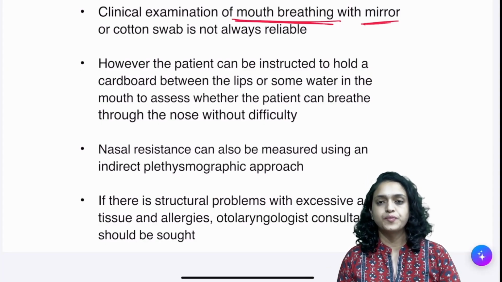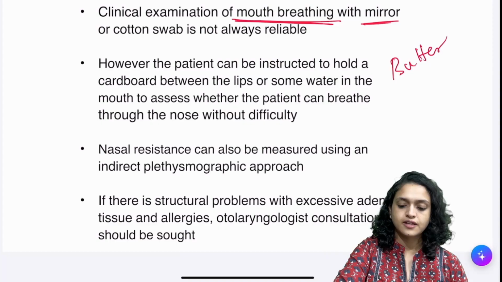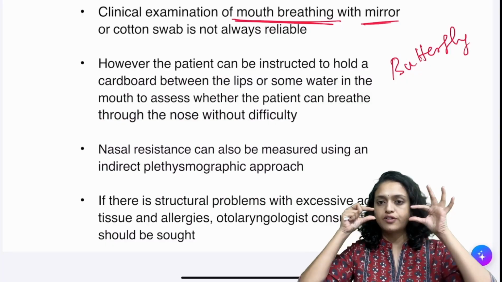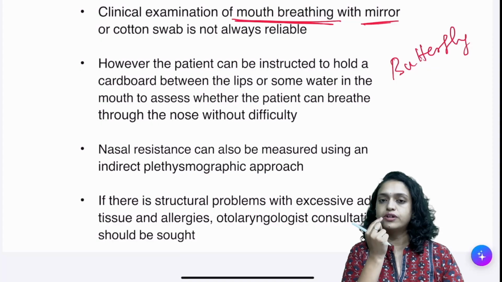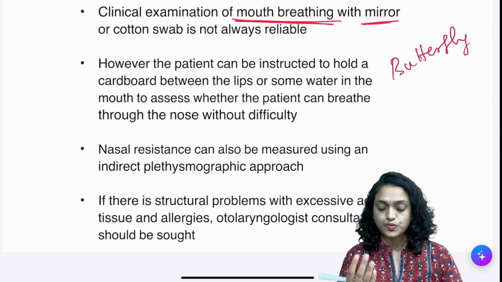Another technique is called the butterfly test. We take a cotton fiber and place it like a butterfly near their lip region. The fluttering of the cotton fibers near the mouth will indicate they are breathing through the mouth, and if they are fluttering near the nose, it will indicate they are breathing through the nose.